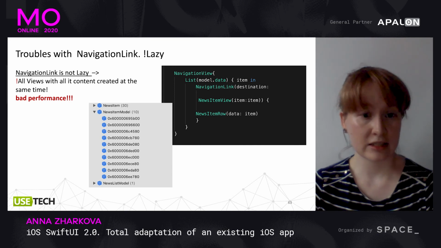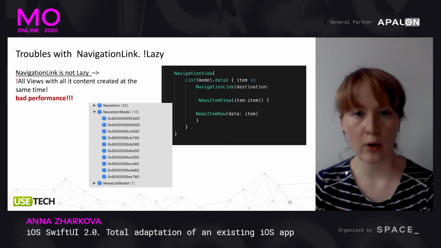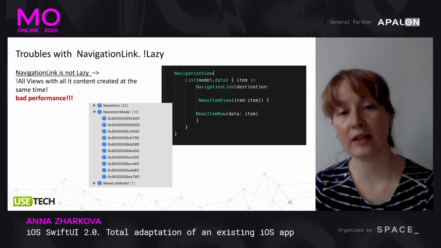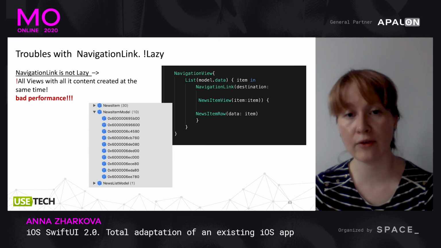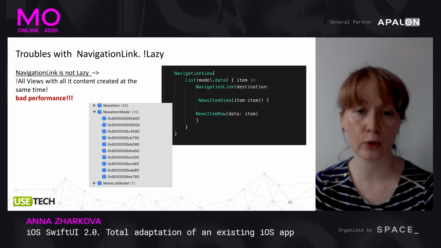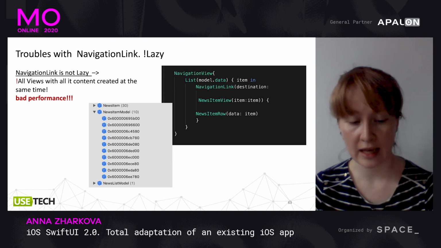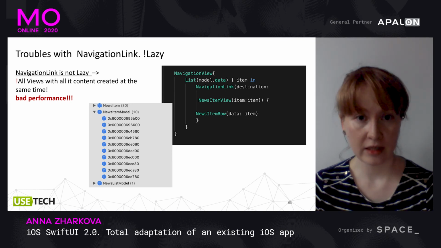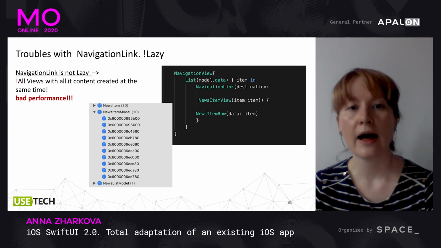Moreover, NavigationLink is not lazy. Even if you have only one type of element, for example one navigation link because it is a list and you have a cycle, and in the cycle you create a navigation link for every row displayed on your screen, at this moment you create every view for your element.